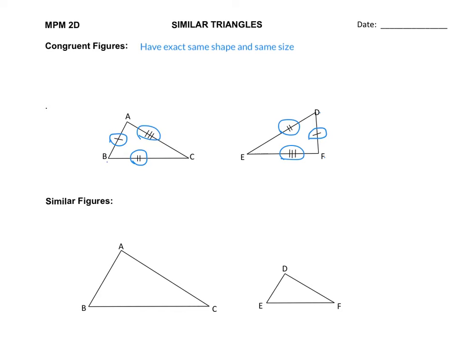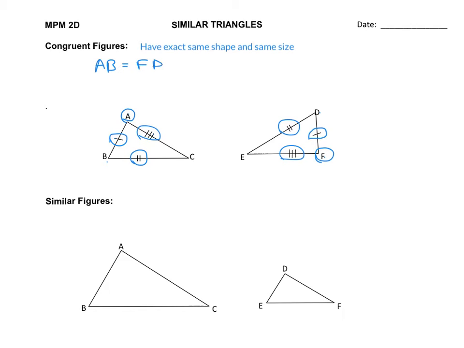If you look at A, it is the vertex between the single slash and the triple slash, and that corresponds to vertex F because it's the angle between the triple slash and the single slash. So if I want to say that side AB, it's going to match up or be equivalent to side FD.